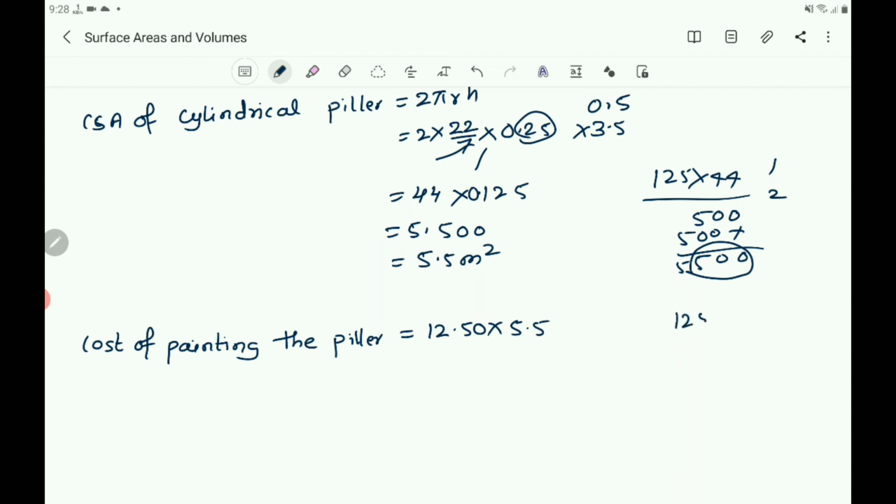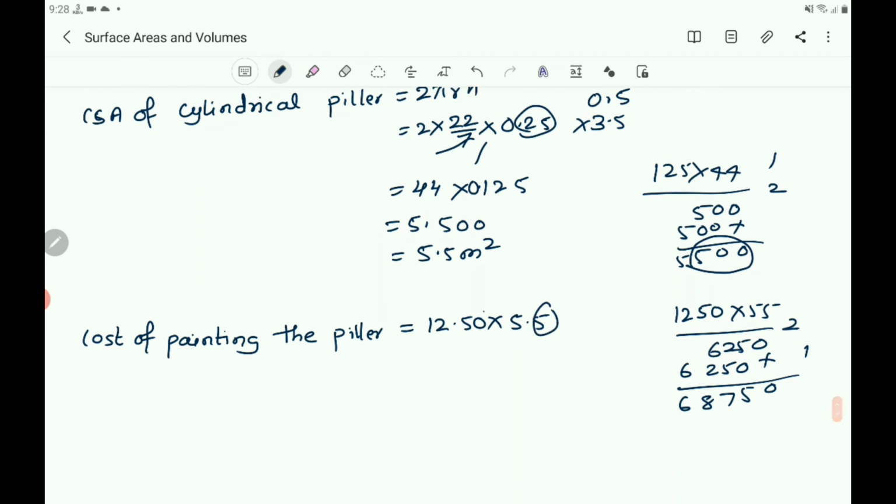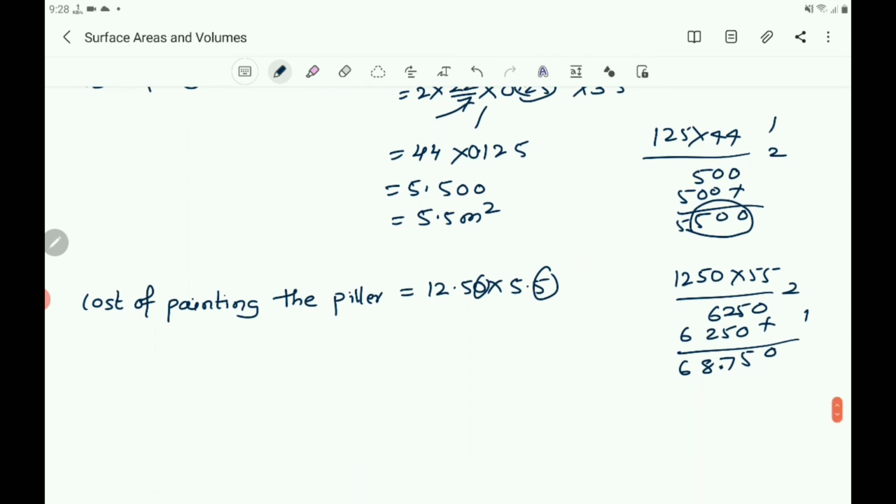So that is 12.50 into 55, which gives 6875. Then you take 3 digits after the decimal, so you will get 68.75. That is rupees 68.75.